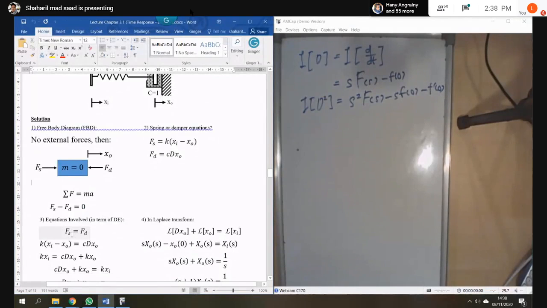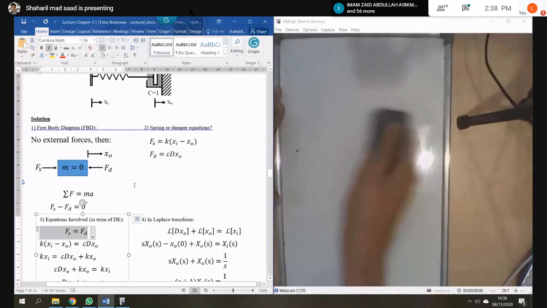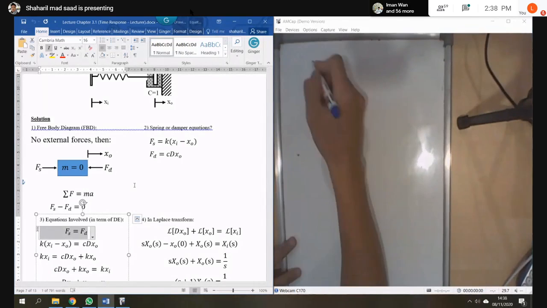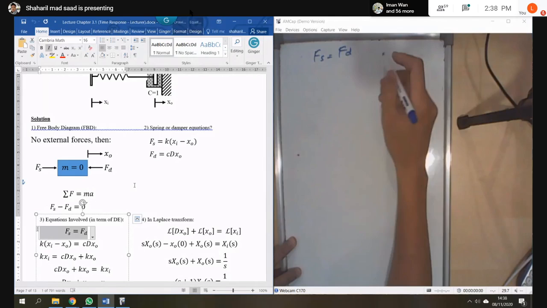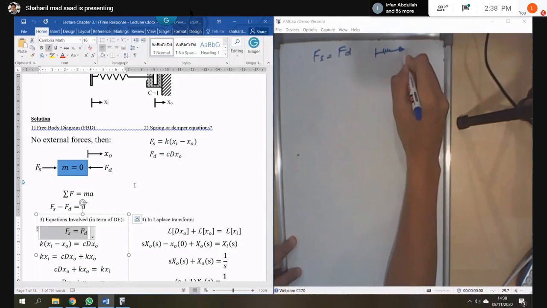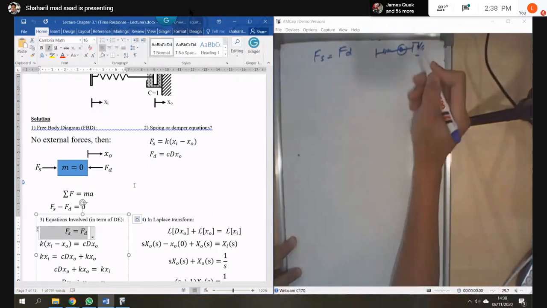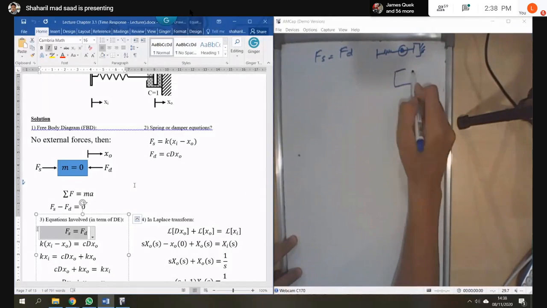So now you get F equal to F of t. Because you have the spring, so you can make the mass equal to 0.